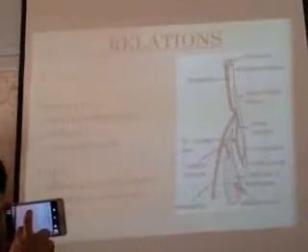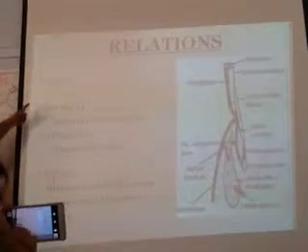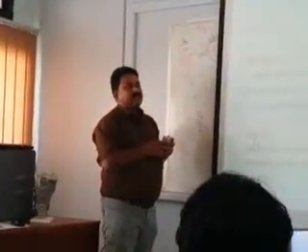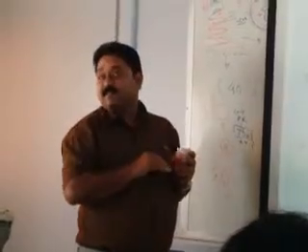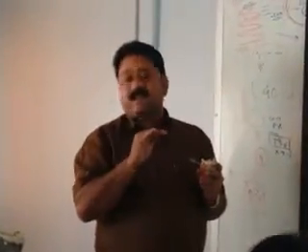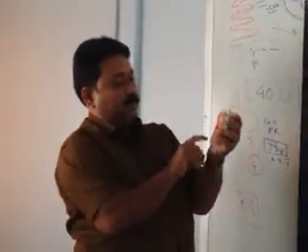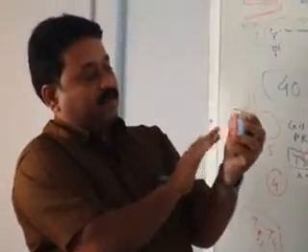So about the relations of the thyroid gland, first one is the apex of the thyroid gland. Medially it is related with the inferior constrictor muscle of the pharynx. Here are the muscles of the pharynx.